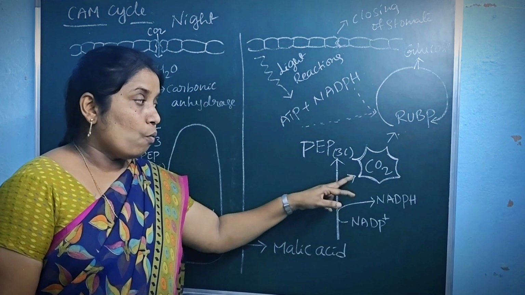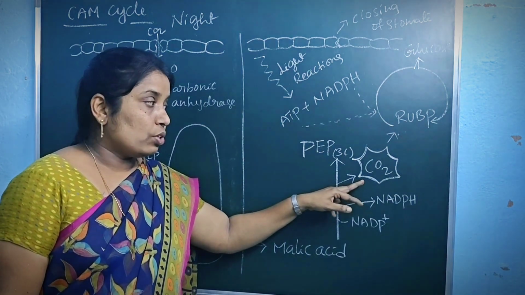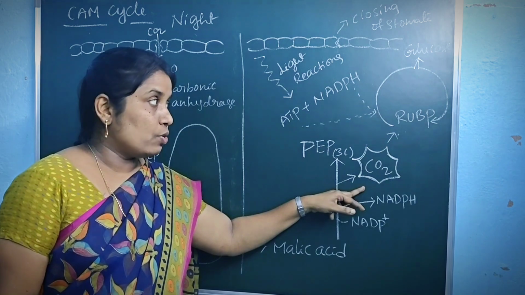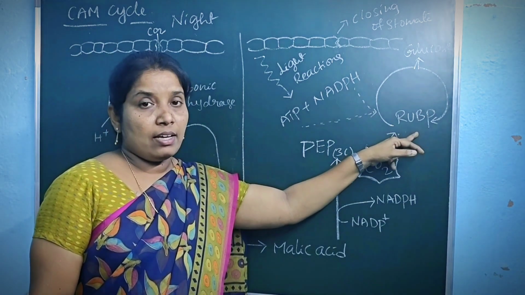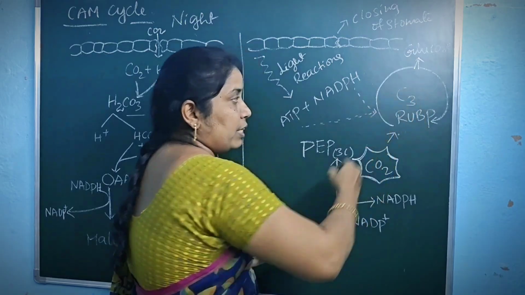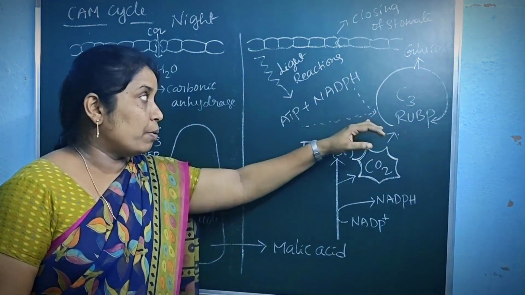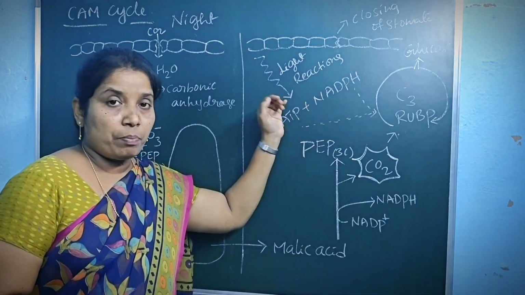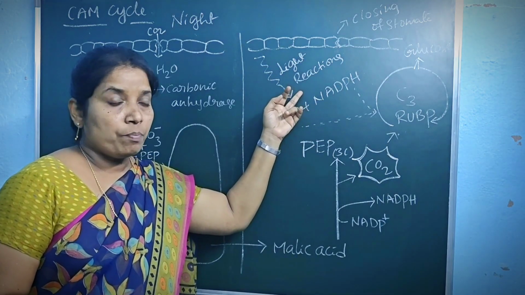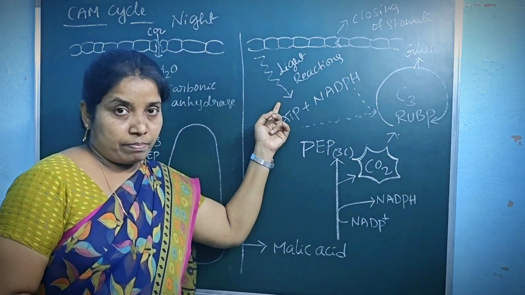Here one carbon dioxide is given out. So this carbon dioxide is going to be utilized in the Calvin cycle, nothing but the C3 cycle. Okay, so with the help of light reactions, the energy provided by the light reactions, so light reactions occur during the daytime.